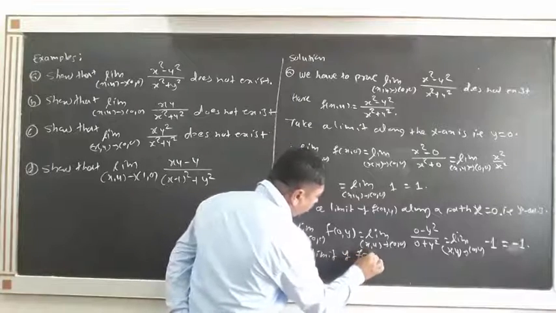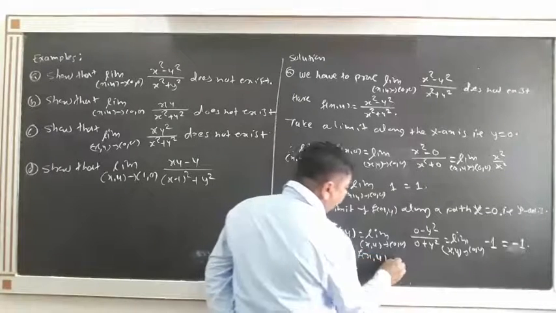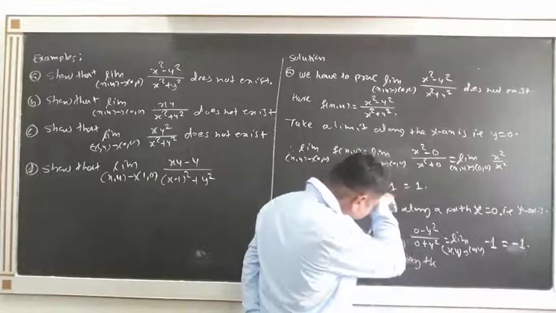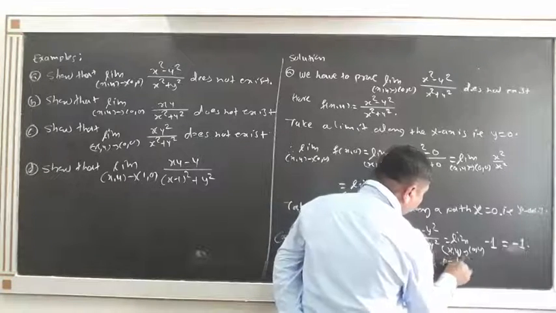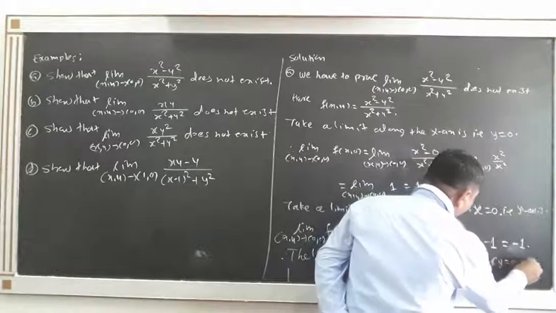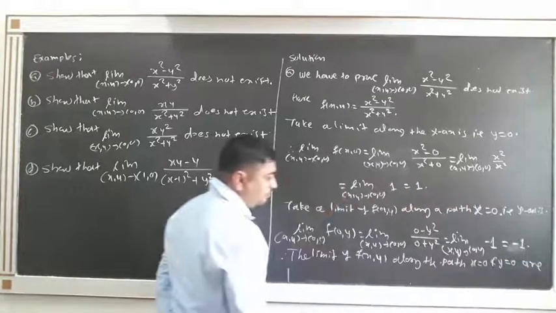Therefore the limits of f of xy along the paths x equal to 0 and y equal to 0 are different.